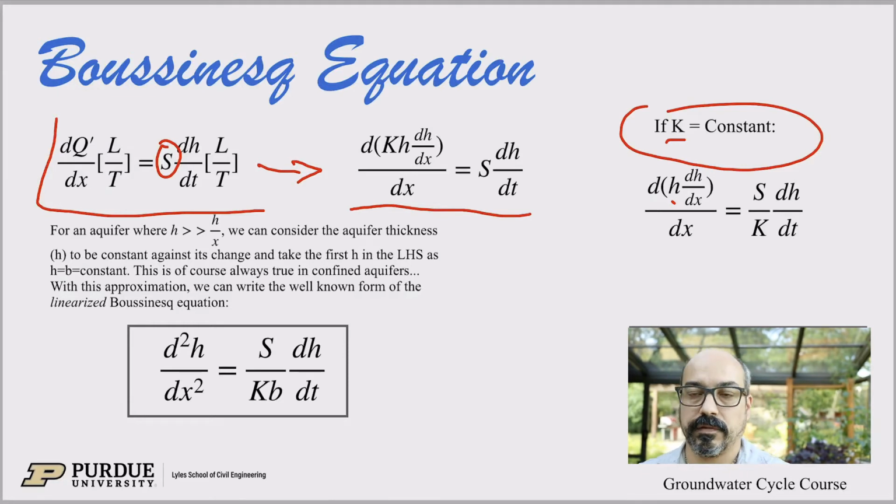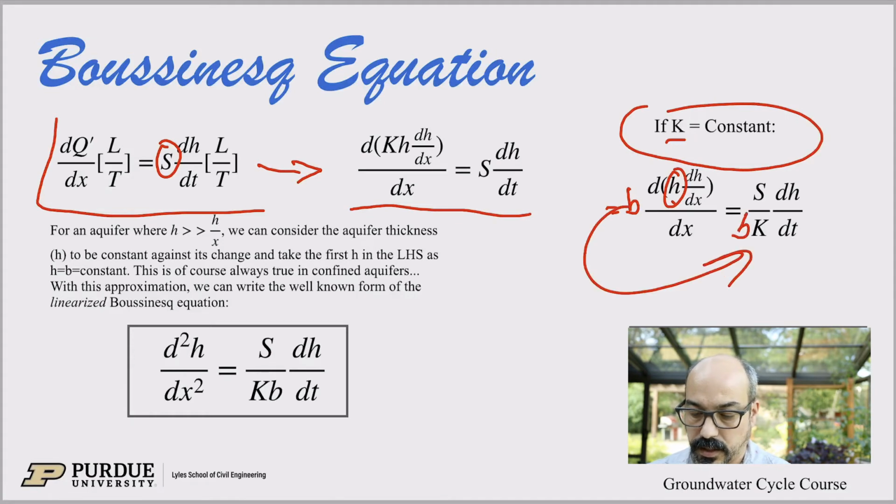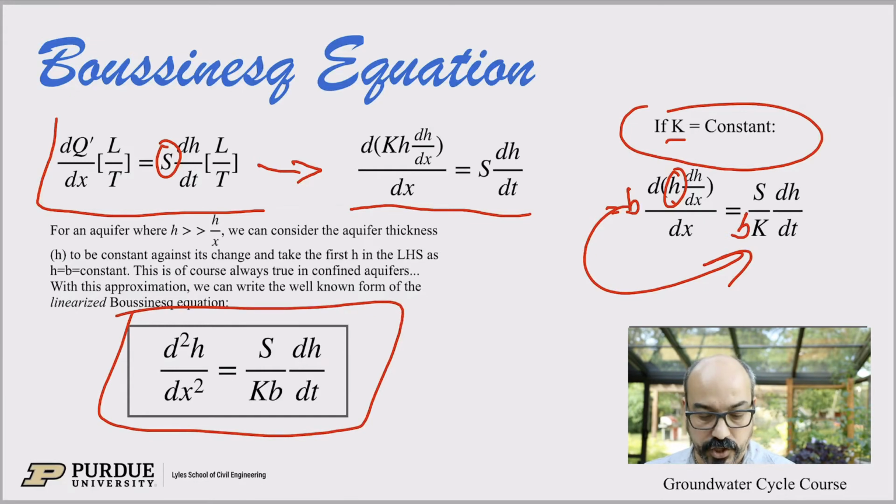So if we assume that h is a constant, then we're going back to that confined case that's very simple, where if h equals b here, basically we're back to that confined case. It's a constant, so we can just throw it on the other side. Now the equation is d squared h over dx squared, and notice we don't have any square here because we just assumed it's a constant, so we don't need to carry it in the integral.